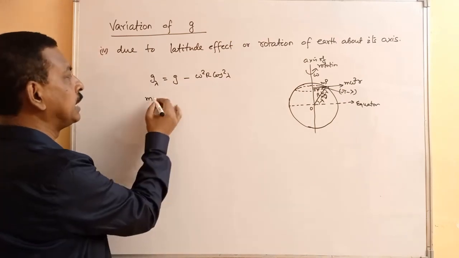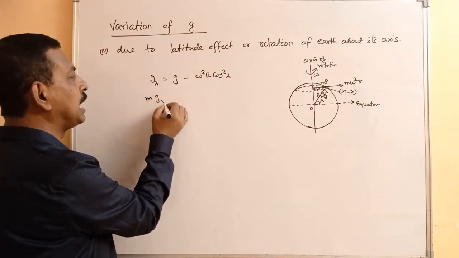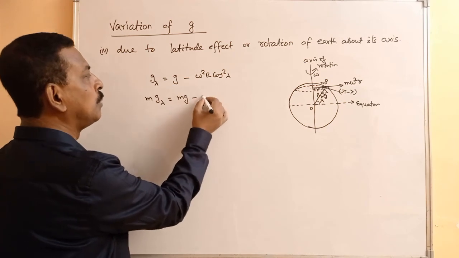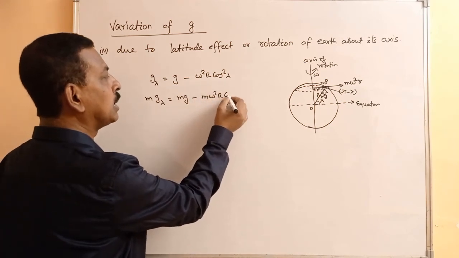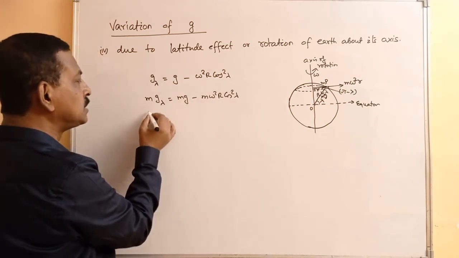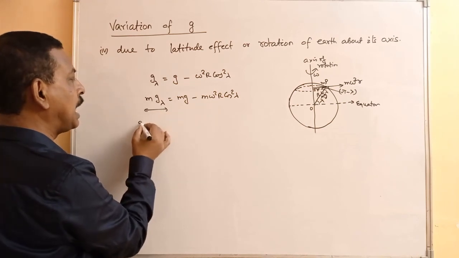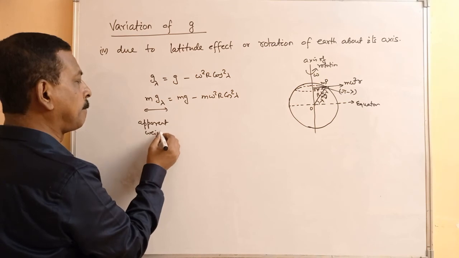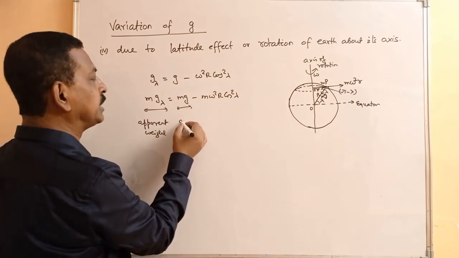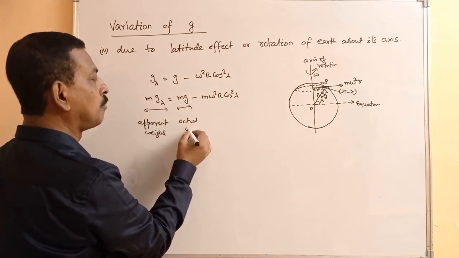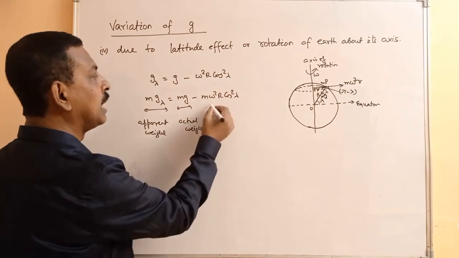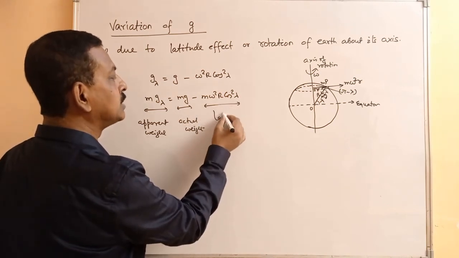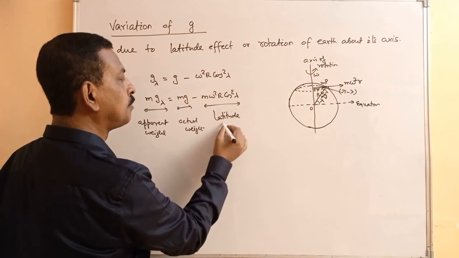If you multiply it by m, you will have mg lambda equals mg minus m omega square r cos square lambda. This is what we call the apparent weight. This is the actual weight, and this is basically called the latitude correction.